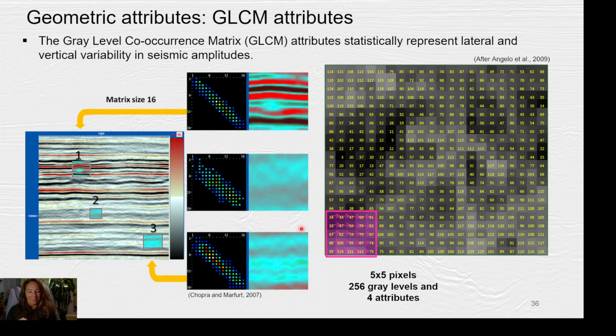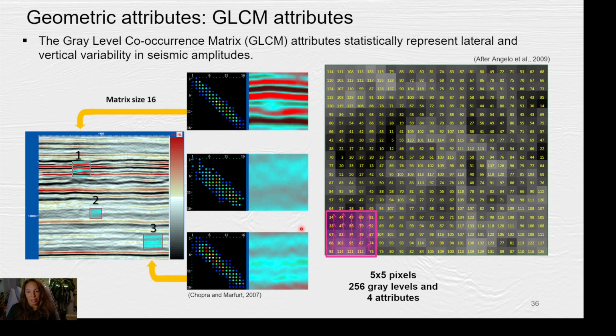So the way it works is you are statistically trying to represent lateral and vertical variability. And so in this case, I'm trying to show on the right-hand side, we've got our little 5x5 box where we're looking at different gray levels, and we're combining them in different statistical algorithms to try to understand the variability.